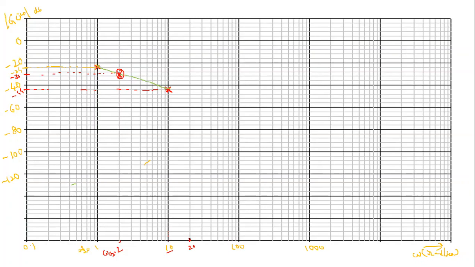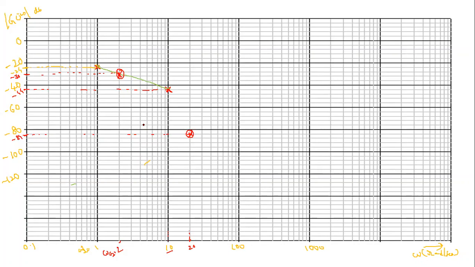Next decade, here. Then what is the y point? Minus 84, sir, because minus 40 we should add. So minus 84 means here. This is the point. Done.